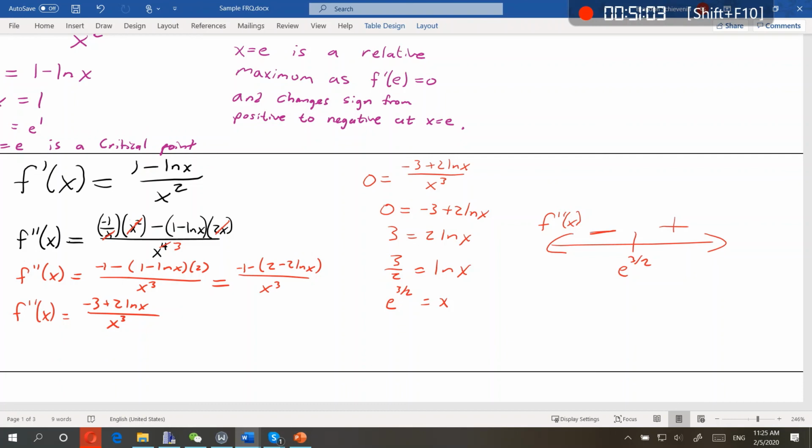Okay, why is it a point of inflection? Because the concavity is changing from concave down to up. Perfect.